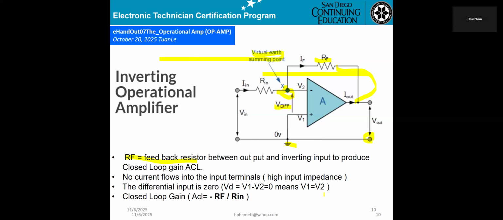They're telling you V1 equals V2. Closed loop gain, ACL, that means the gain will equal minus RF over R1. That's for the inverting amplifier.